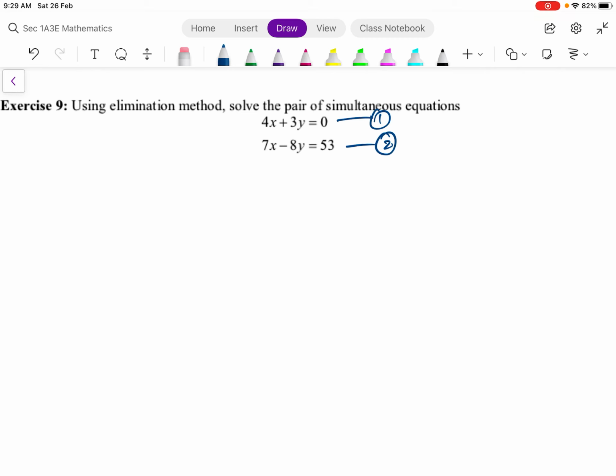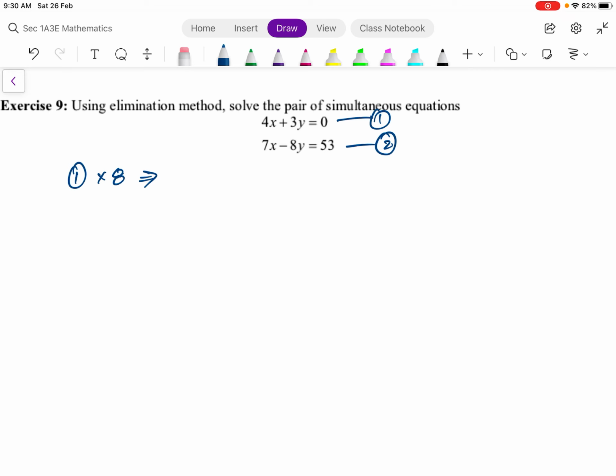In this case, I would like to eliminate y, since we eliminated x in the previous example. So in order to eliminate y, I will take equation 1 multiplied by 8.